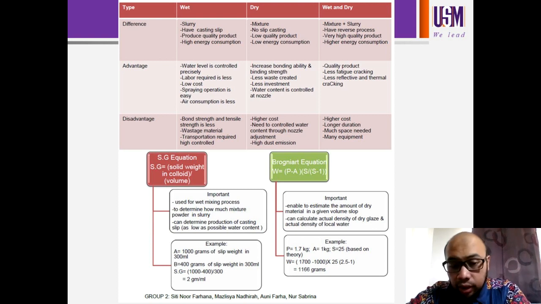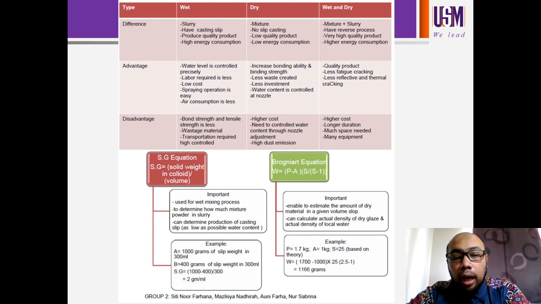Therefore, as an engineer, you must understand how to calculate when you want to use the SG and when you want to use the Brogniart equation.